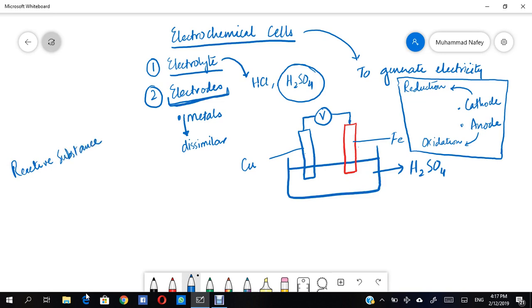A reactive substance is the one which prefers to stay in ionic form rather than elemental form.